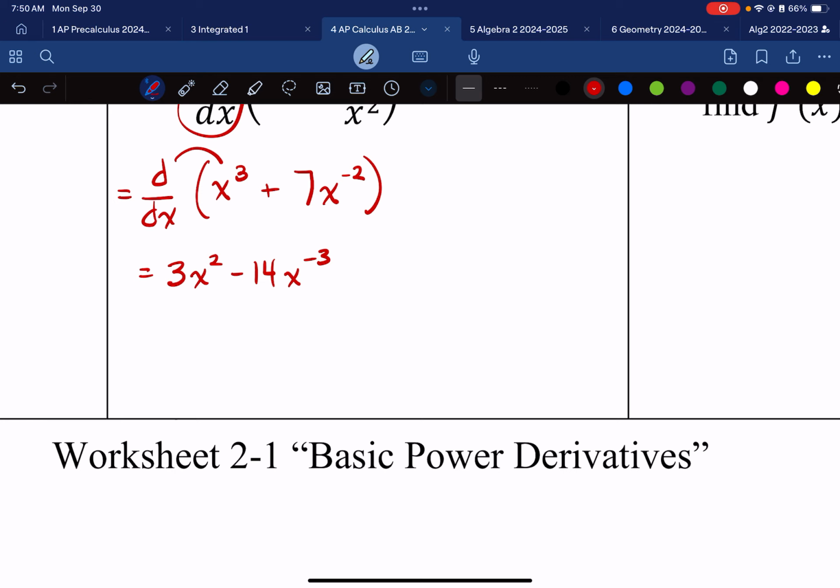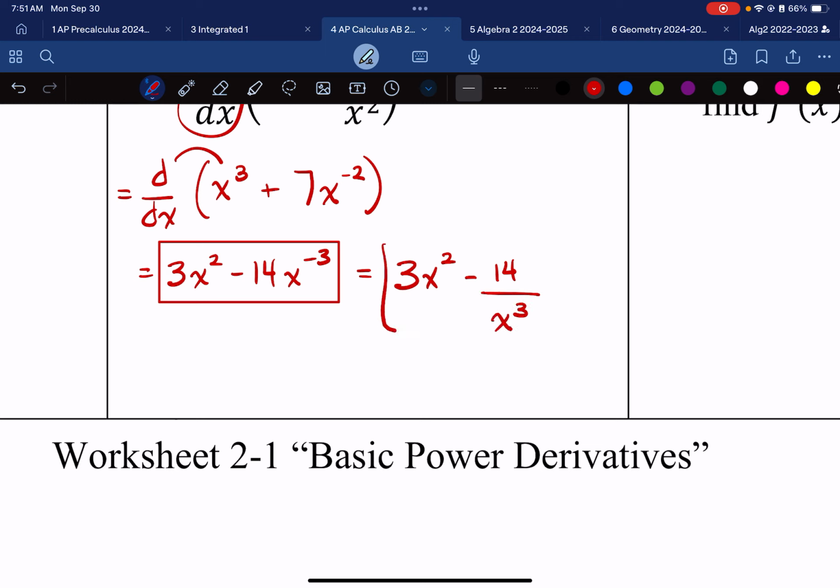So I should be writing that these are all equivalent statements. There are equal signs in between them. I want to make a slightly larger rectangle. And in case you need its equivalent form, this is going to be the same thing as 3x squared minus 14, which stays on top, and x to the power of positive 3 in the denominator.